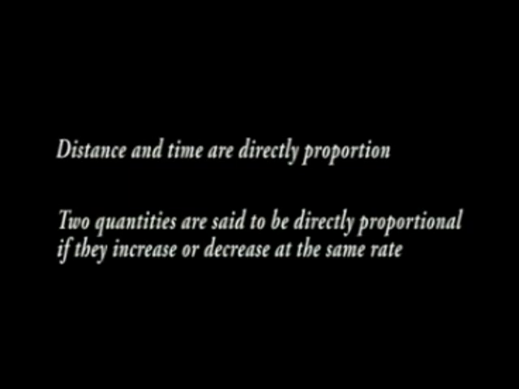If a man walks at a speed of 2 kilometers per hour, the distance he covers increases with time. We thus say that distance is directly proportional to time. When x and y are directly proportional, they are represented as x alpha y. For the man walking, we say that distance is proportional to time.